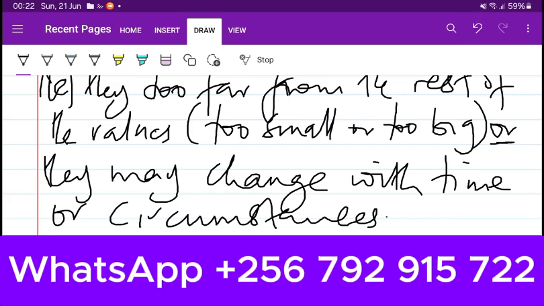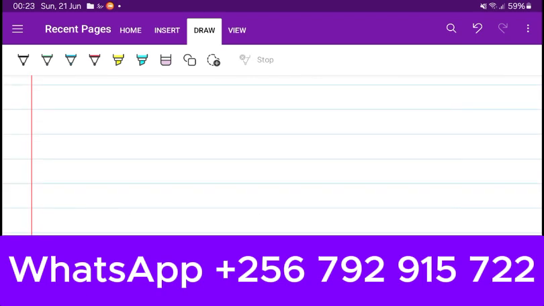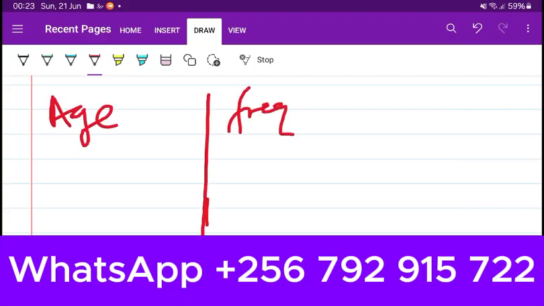So we need maybe to have a look at them. We can have those which are too small. You can have classes that have maybe, let me call them edges, this edge, and then the frequency.